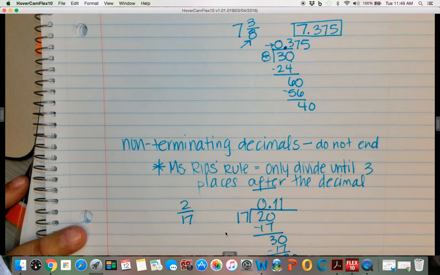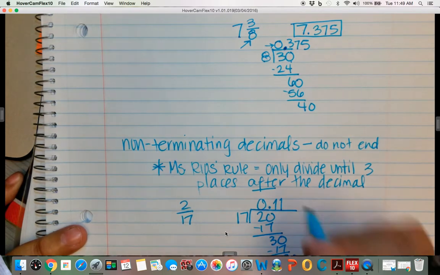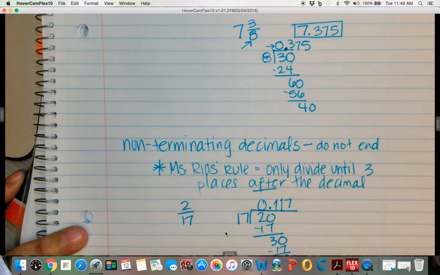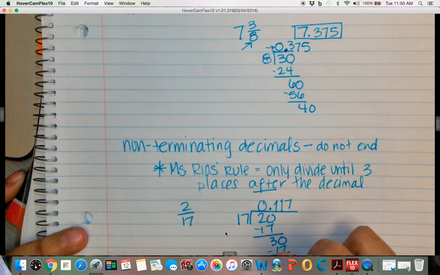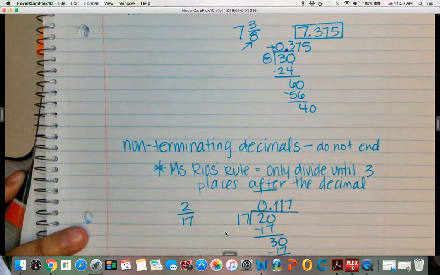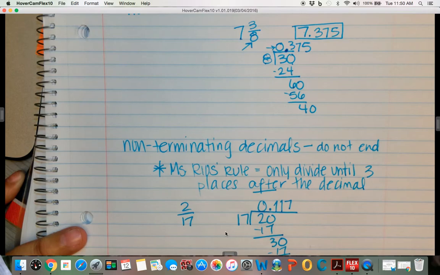What is that? 17, 34, 51, 68, 85, 102, 119, 136. 136 is too much, so it's 7. So 17 times 7 is 119, and 130 minus 119 is 11. So I have 111.